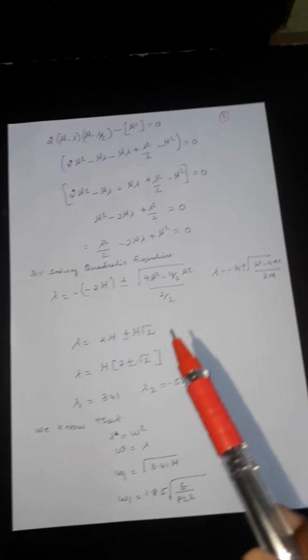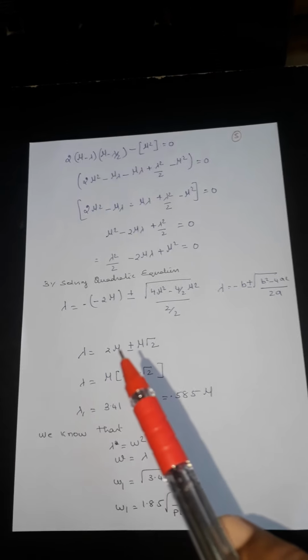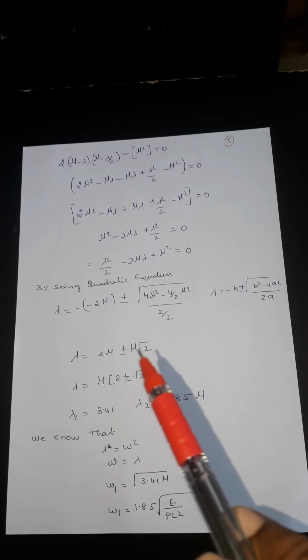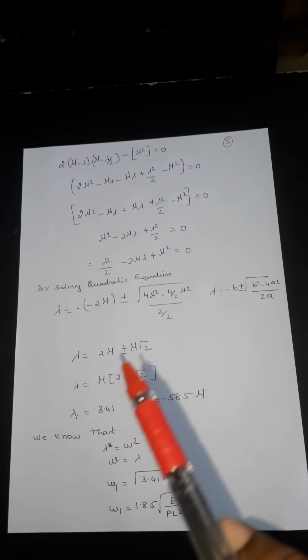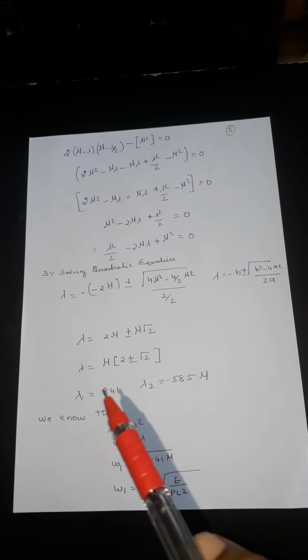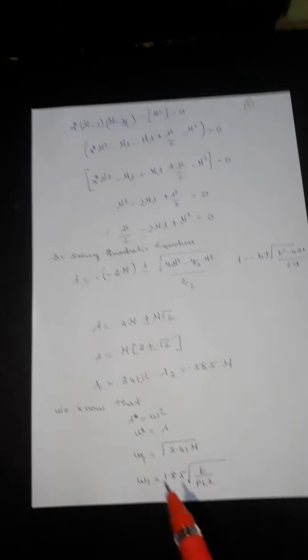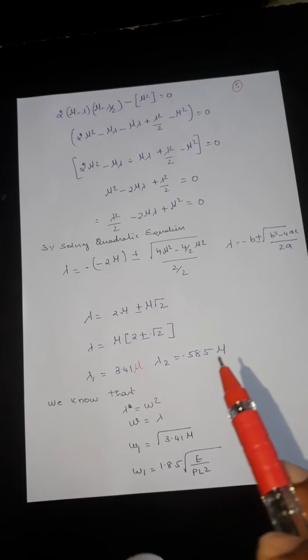There will be no mistakes in that. So I substituted this equation and got lambda equals 2 mu plus or minus mu root. I take mu out, so I got this value. Lambda 1 is equal to 3.41 mu, and lambda 2 is equal to minus 5.85 mu.